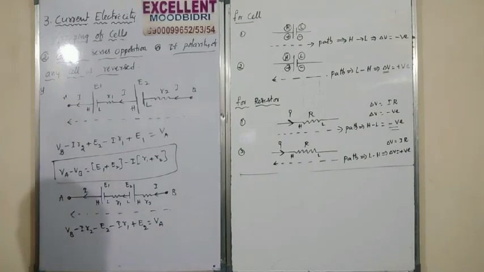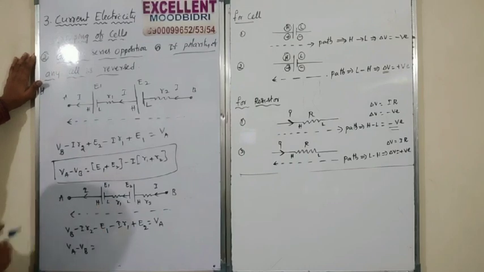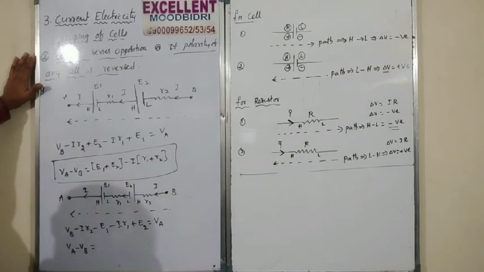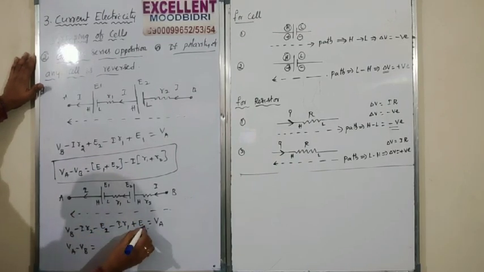VA you can transfer that side, VB transfer that side. Therefore what happened? VA minus VB is equal to, so this is the E1, this is the E2. Lower to higher is the positive.